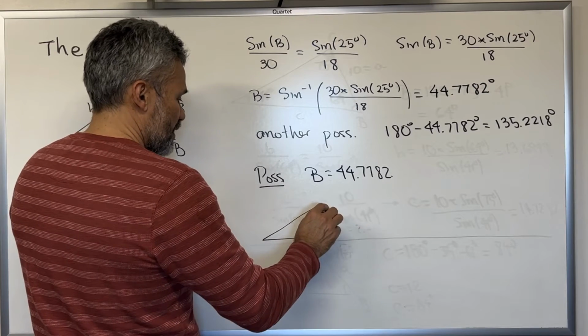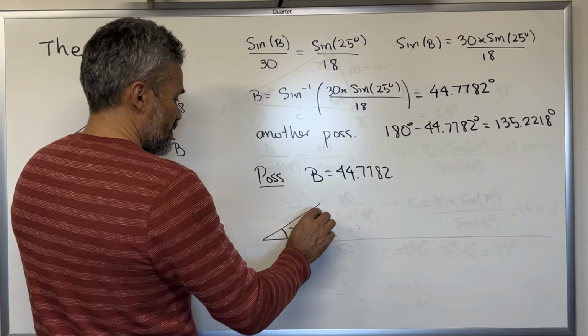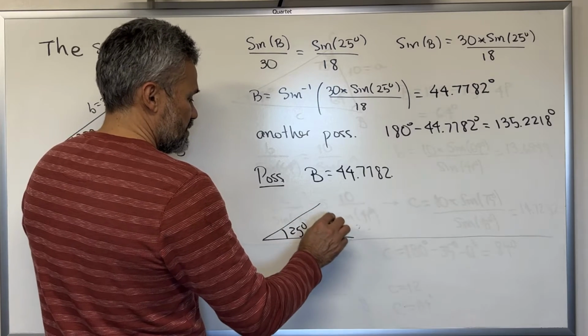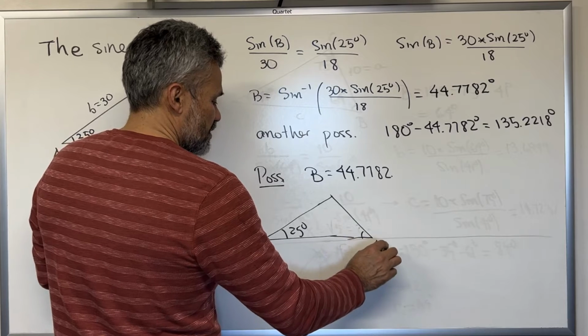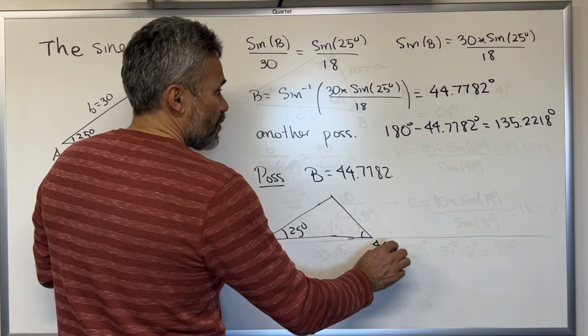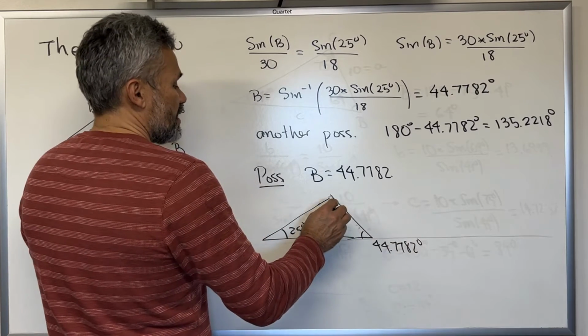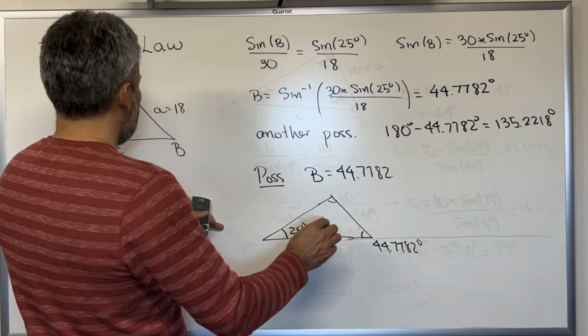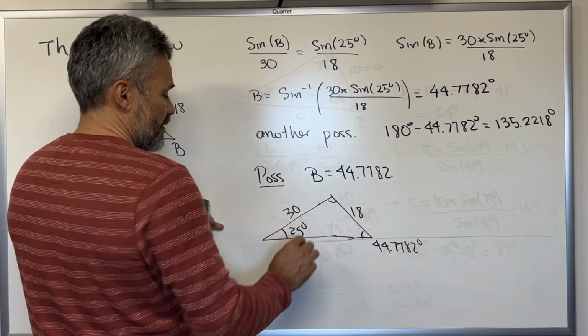The triangle will look like this. This is 25 degrees, this is 44.7782 degrees, and here we don't know this one, and we know that this is 18 and this is 30.